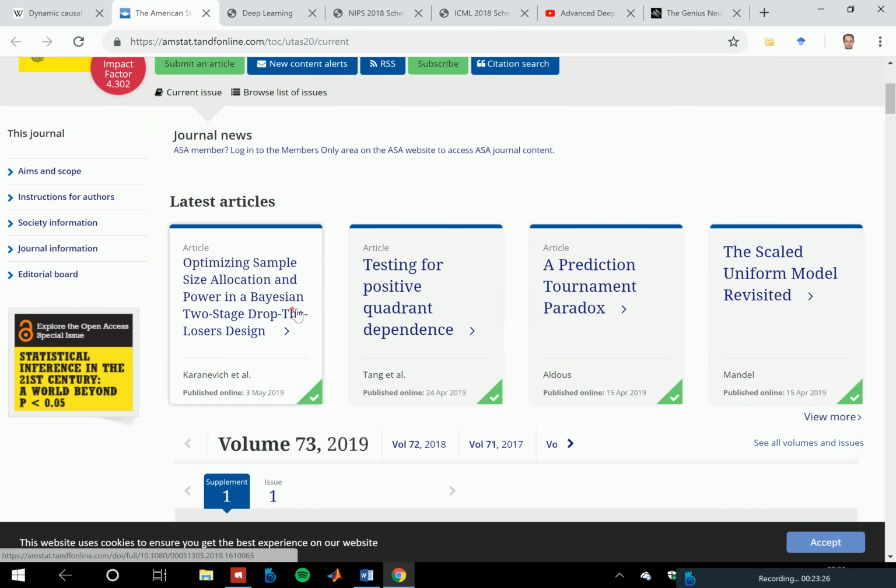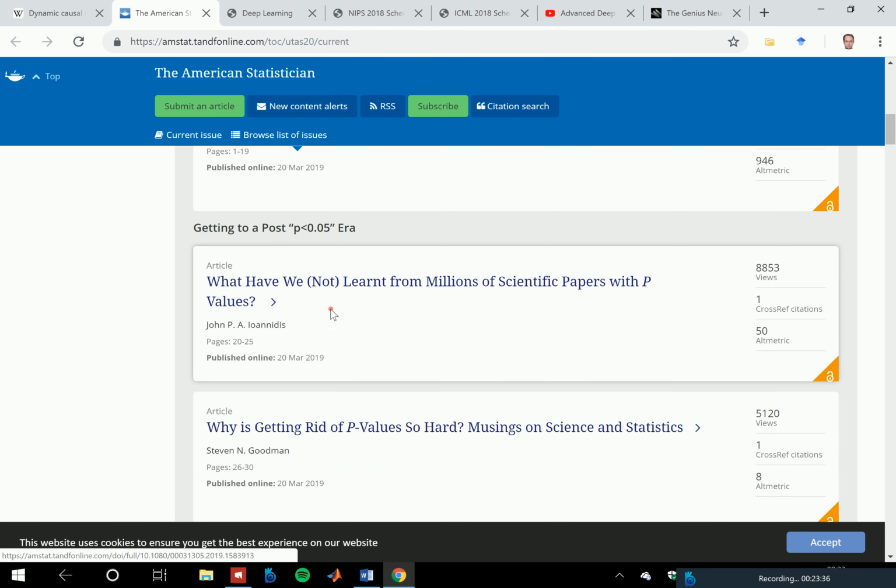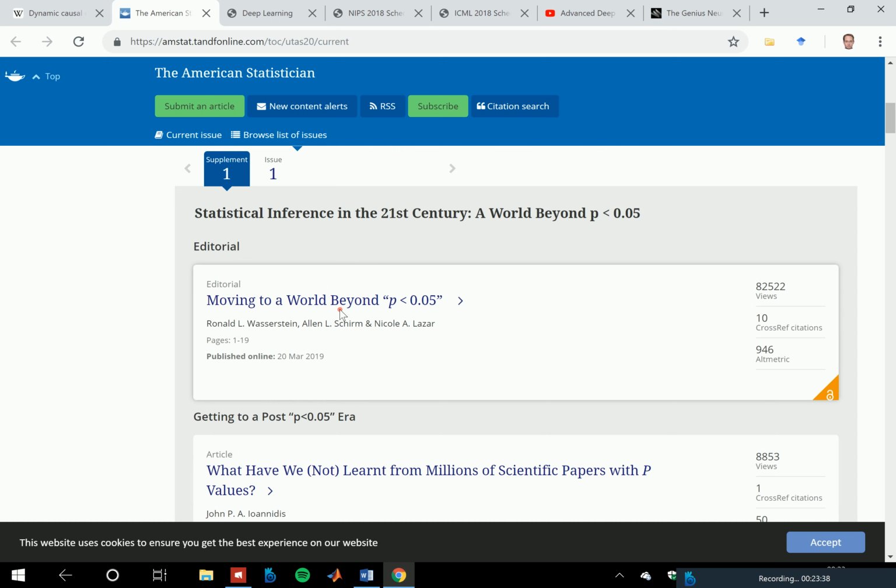If you haven't seen this yet, there's a very nice current issue of The American Statistician that has a lot of articles that essentially go or want to go beyond making statistical decisions based on p-values, so the classical frequentist scenario.